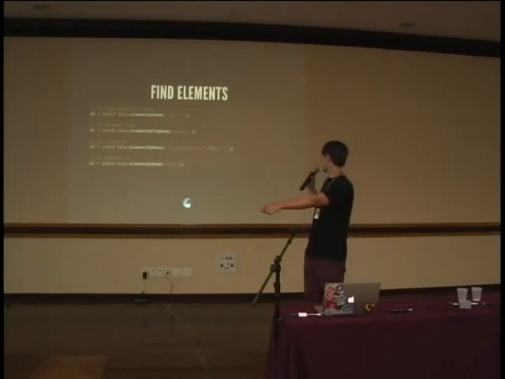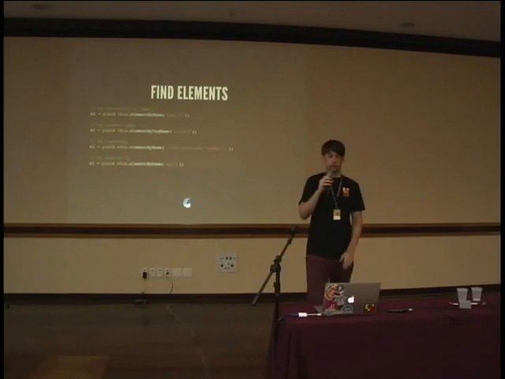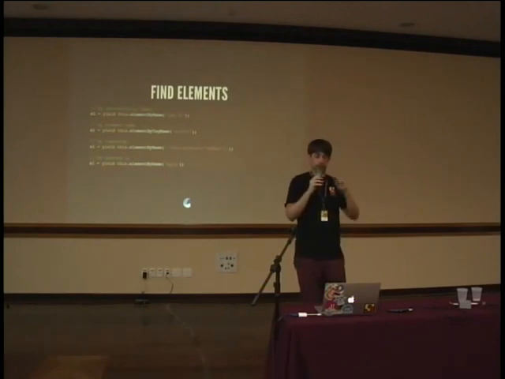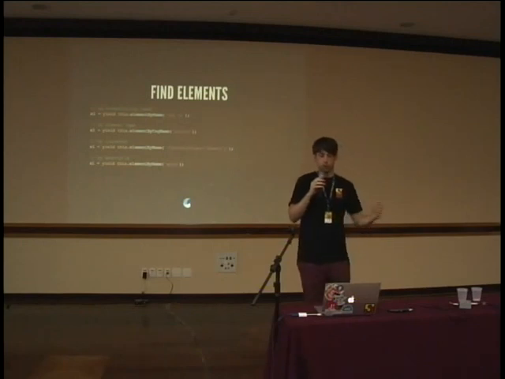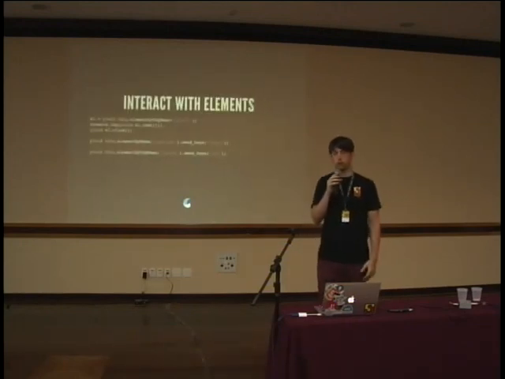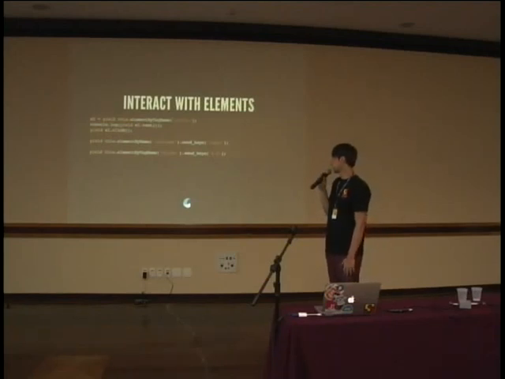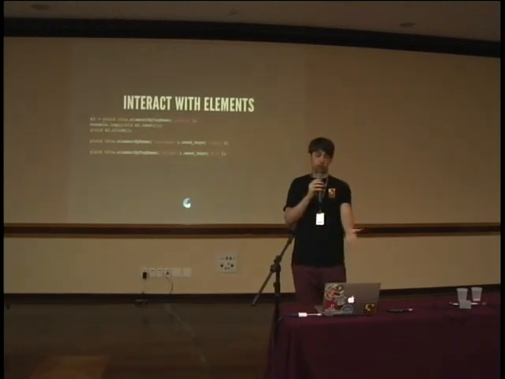You've got something like a hierarchy, so you've got a kind of XPath selector. You want a button with a certain name. Or you can use Android IDs in Android. You can also interact with elements: get text from them, click them, put text in them, or, for example, for a slider, you can set the value of the slider.